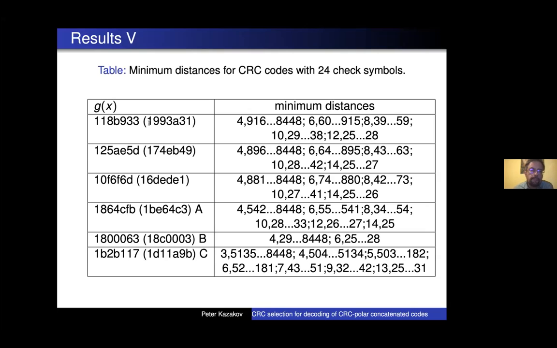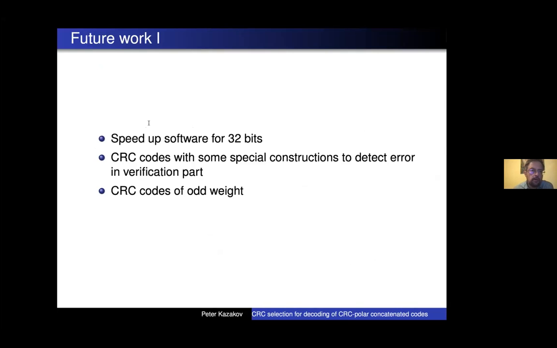So these are the results. What are the current plans? We're discussing some ideas for attacking 32 bits, CRC with 32 bits. We are also looking for CRC codes with some special construction to detect errors in the verification part.